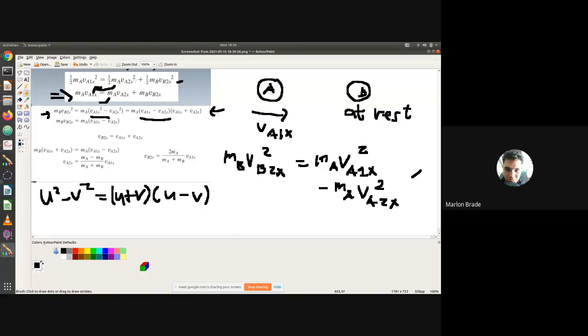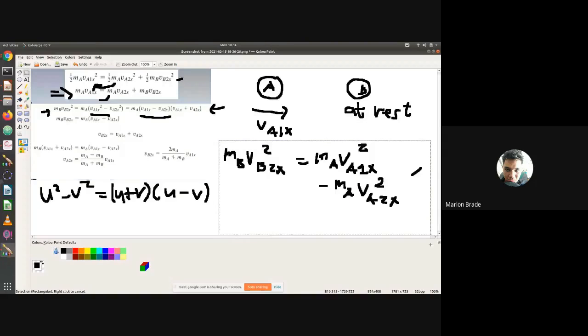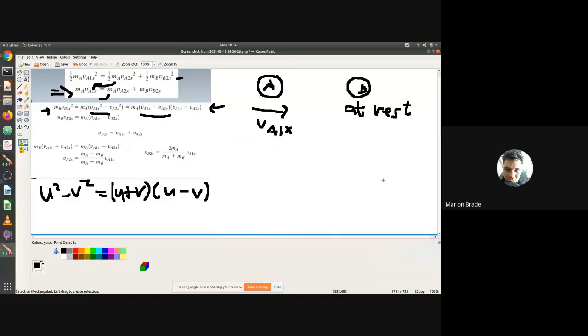Okay? Remember that A is moving to the right with a certain velocity VA1x, and B is initially at rest. So, that's why B has no second term. It has no initial kinetic energy, because the initial kinetic energy, as well as the momentum, is actually equal to 0.